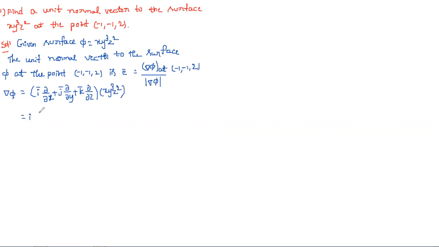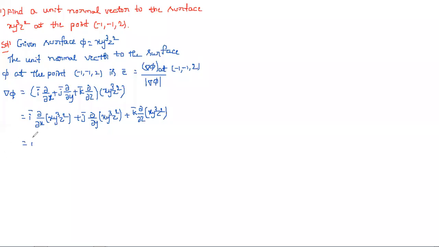Now you have to multiply this with that scalar: i into dou by dou x of xy cube z square plus j into dou by dou y of xy cube z square plus k into dou by dou z of xy cube z square.